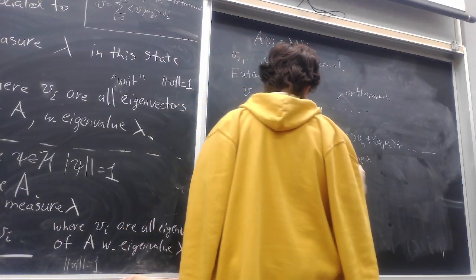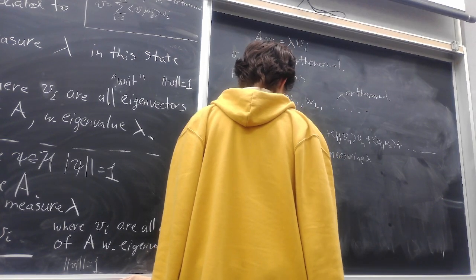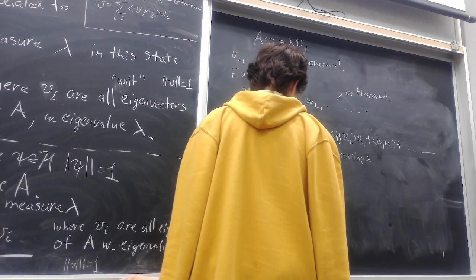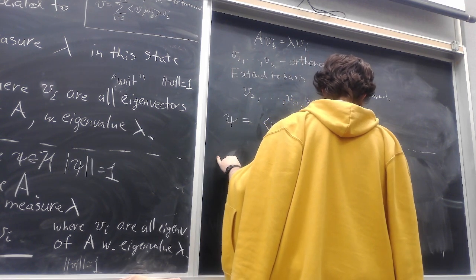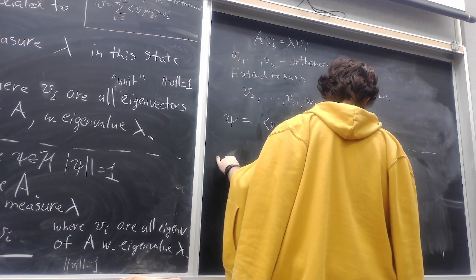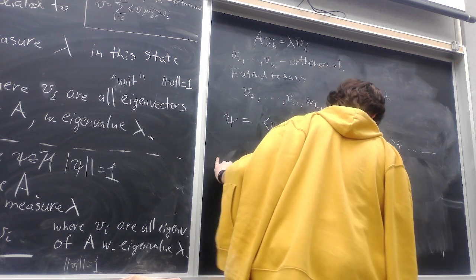So if I measured lambda, then my state psi becomes this new state, which is the v part divided by the norm.